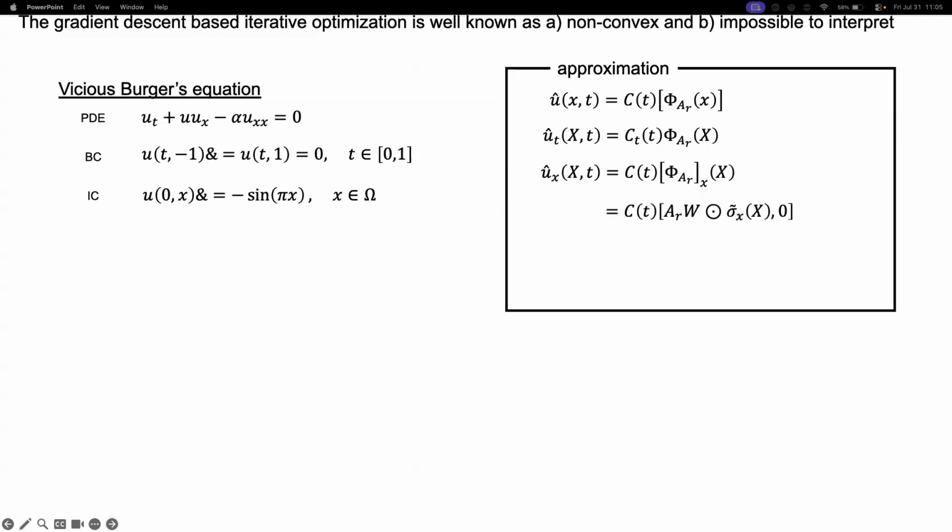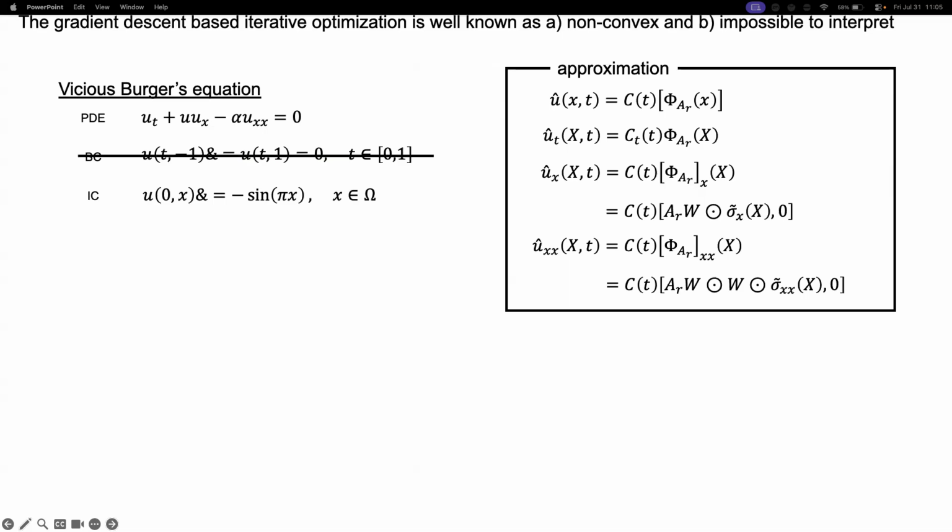So this basis functions derivative with respect to x is composed of the Hadamard product, so that the weights kind of pop out as a coefficient. And also the second derivative with respect to x looks like this. While using this basis function, we already solved the boundary condition and initial condition. So we can ignore it.